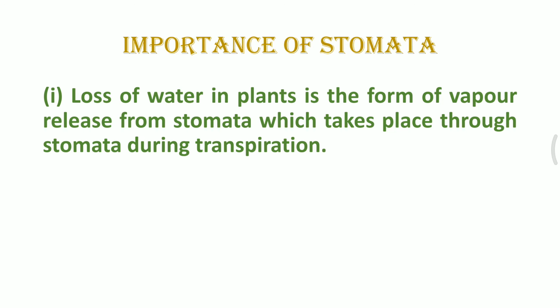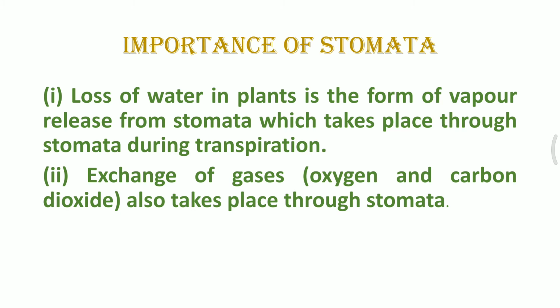The answer to this question is that it helps in loss of water in the plants, and because of this loss of water there is opening of the stomatal aperture and inside movement of carbon dioxide. This carbon dioxide is responsible for the process of dark reaction in photosynthesis. So it is the raw material which forms the starch or the glucose, I should say. These are the two most important reasons why stomata are present in the plants.